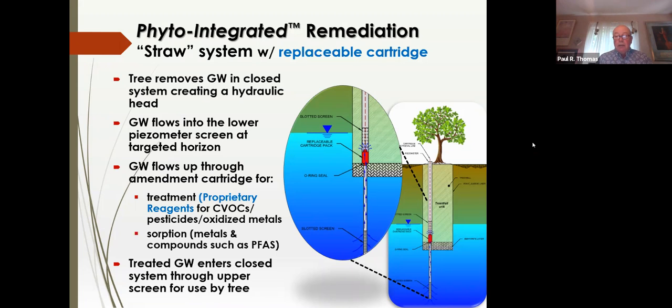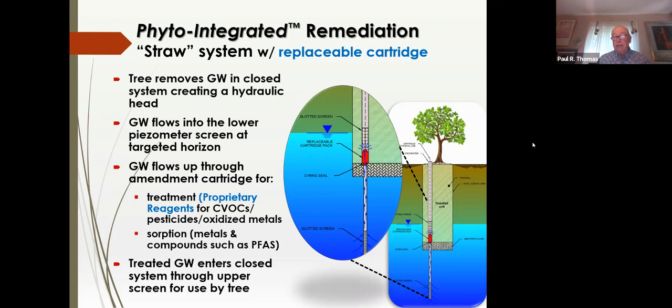Before the backfill soil is placed, we place a bentonite layer both outside and inside the bottom of that sealed liner, so that we have essentially a good seal in the bottom of the unit, and then we backfill with soil.